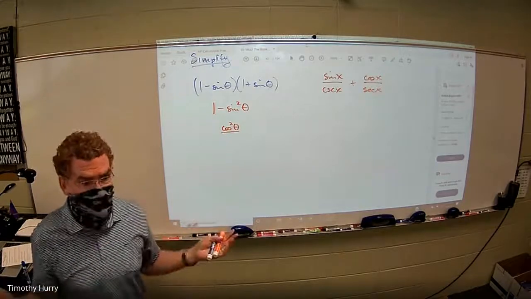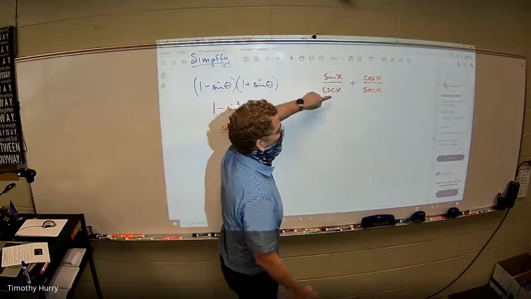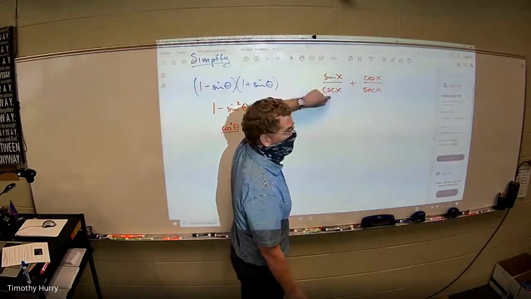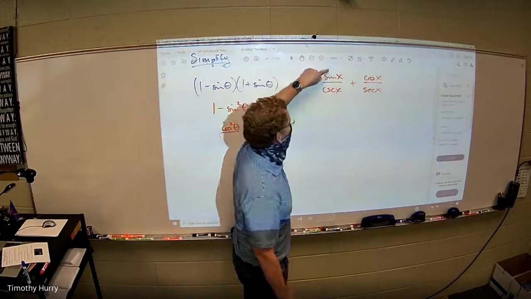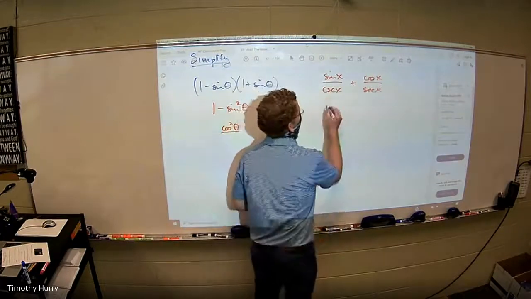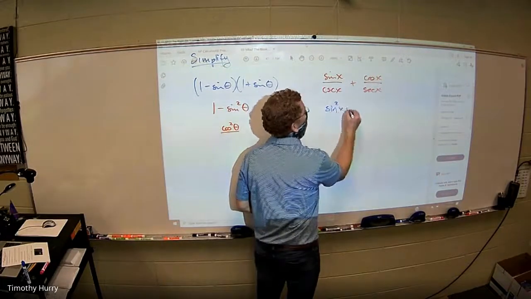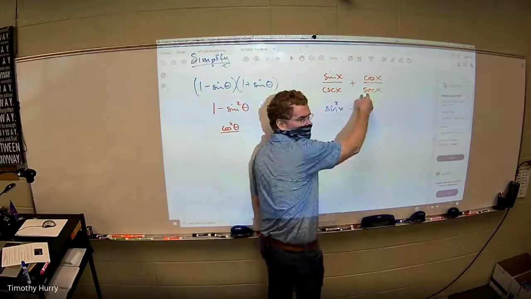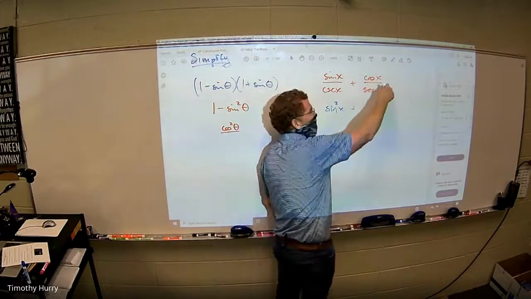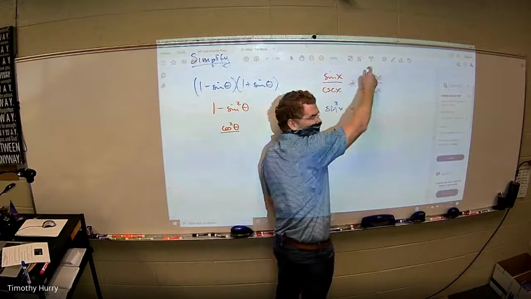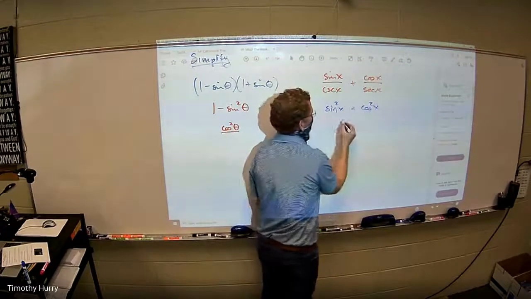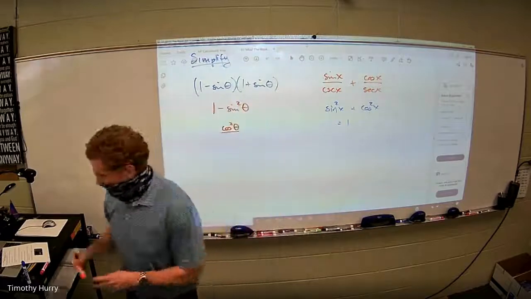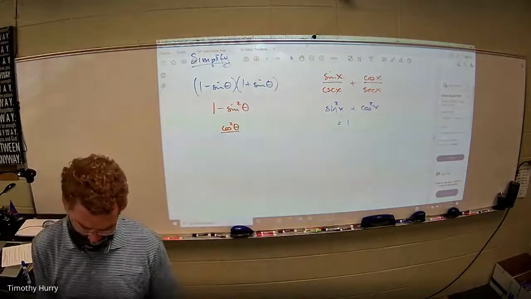Or using a fundamental identity. A cosecant in the denominator of a single fraction is the same thing as a sine of x in the numerator, which would give you what here? Sine squared. And over here, a secant in the denominator is the same thing as 1 over cosine, but we give you an extra cosine in the numerator, which gives you cosine squared, and all of a sudden, you get 1.